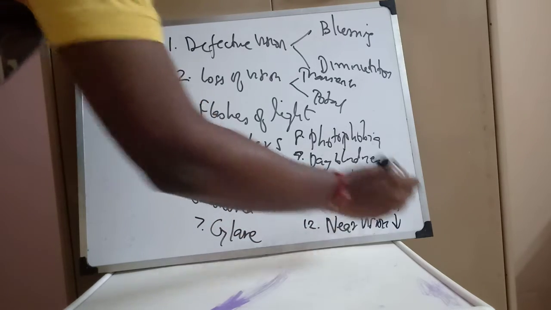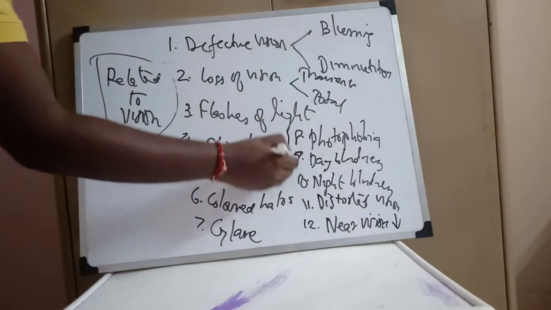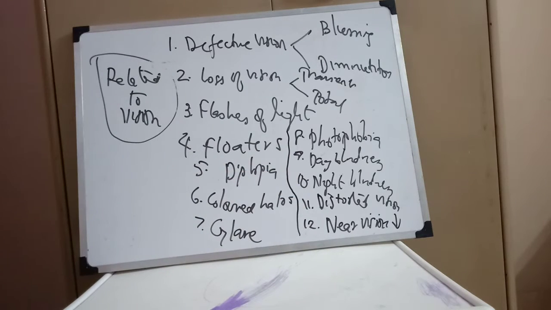So these are the 12 symptoms which are primarily related to vision. We are going to deal with each of these symptoms in detail.